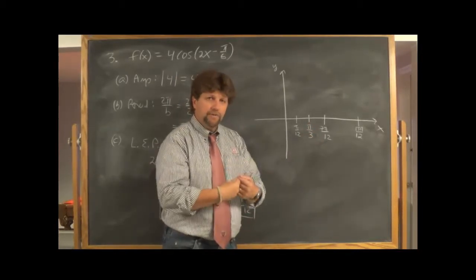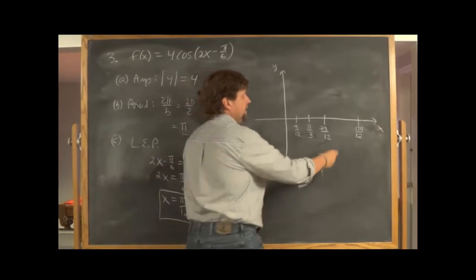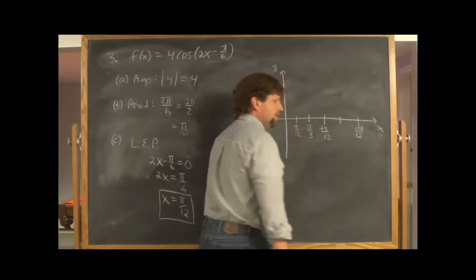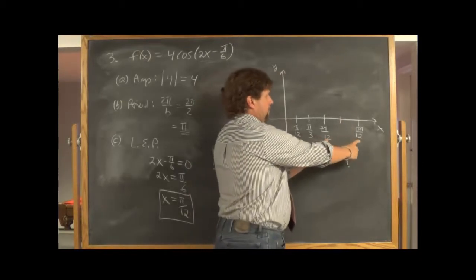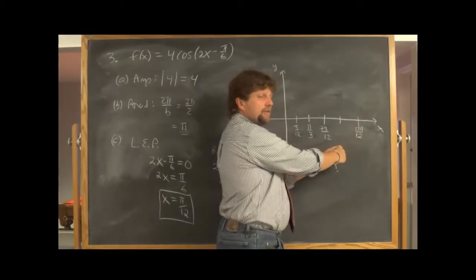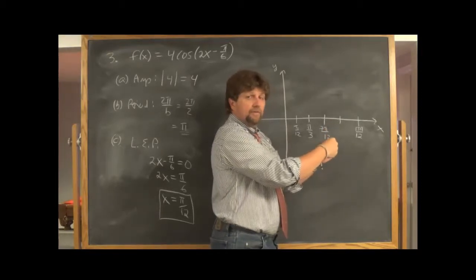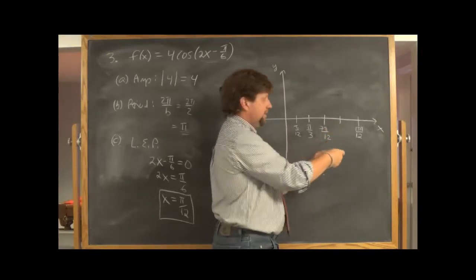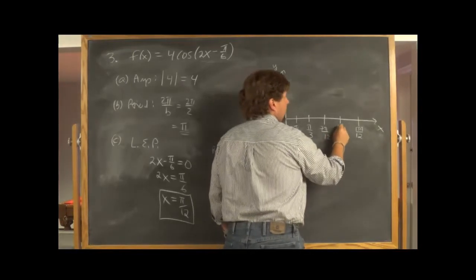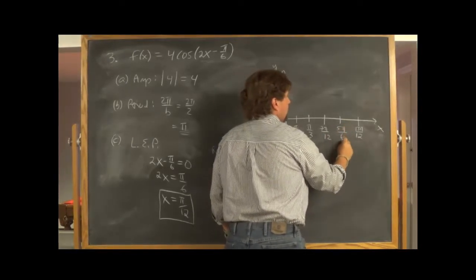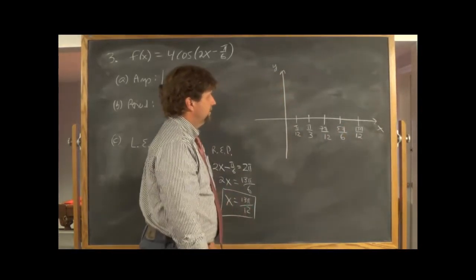I went ahead and reduced it down. Finally, to get the third quarter point, I would add the mid and the right endpoint together to get 20 pi over 12. I'd take half of 20 pi over 12 to give me 10 pi over 12. And notice that reduces to 5 pi over 6.